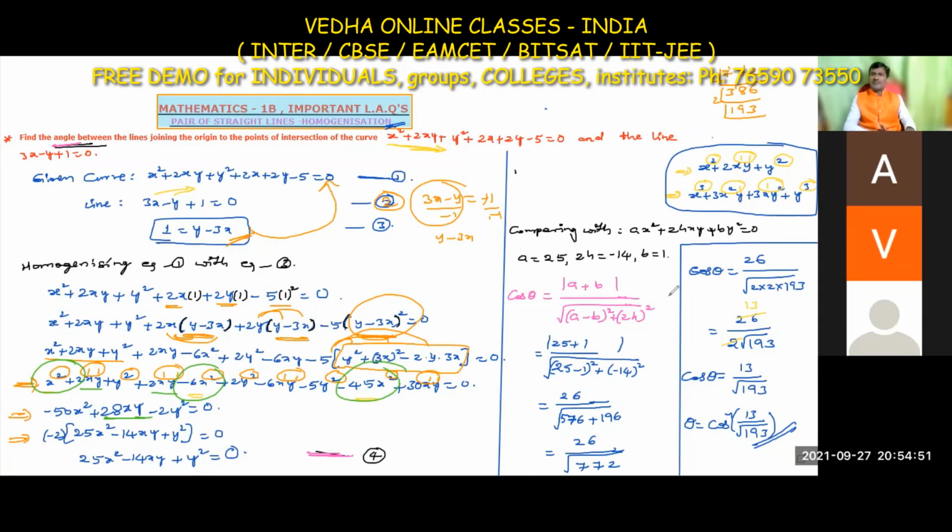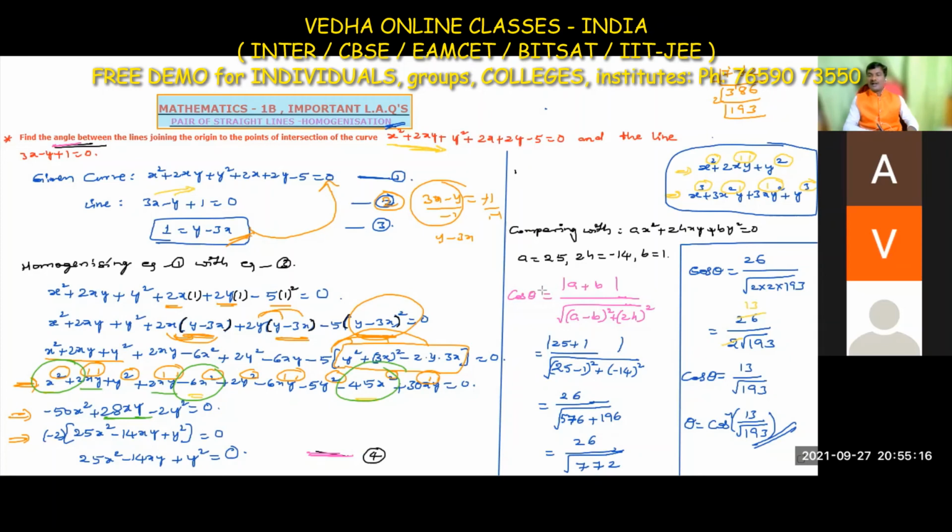We are going to compare with ax square plus 2hxy plus by square equals 0. It is a pair of straight lines, a homogeneous equation. We are comparing with that and writing the x square coefficient, xy coefficient and y square coefficient, meaning the a value, 2h value and b value. Here we have the formula. What is the formula for finding this?